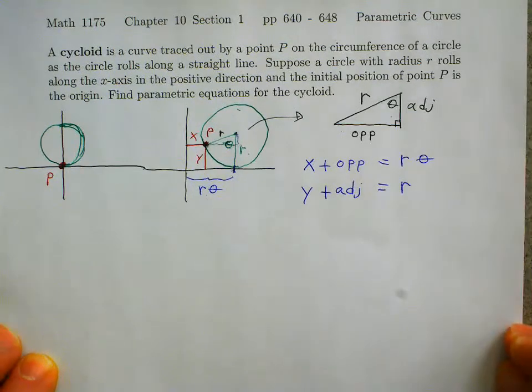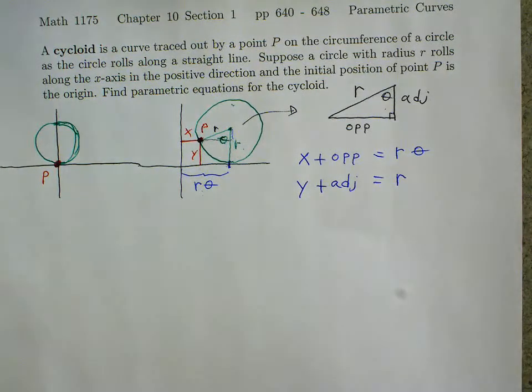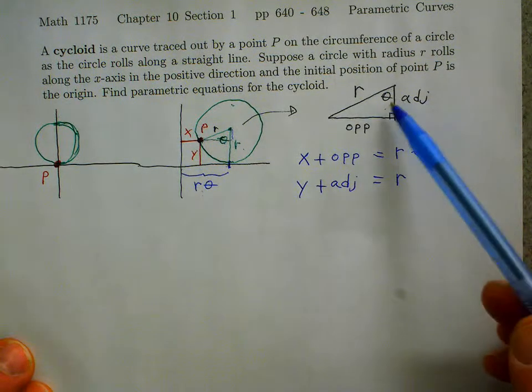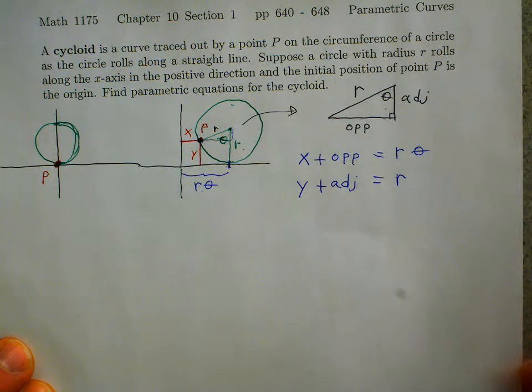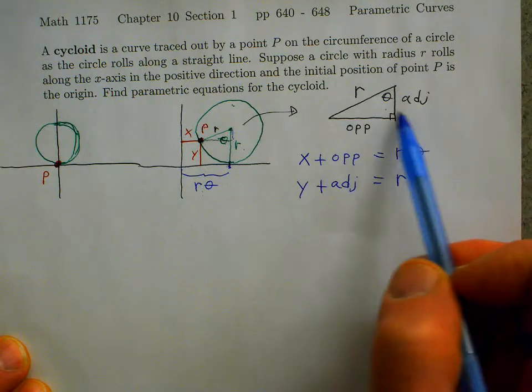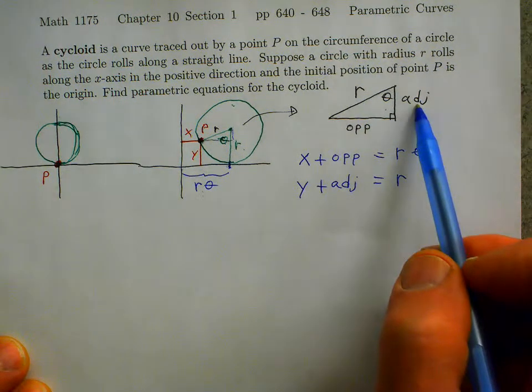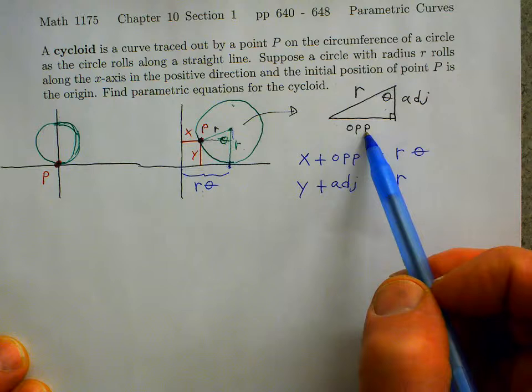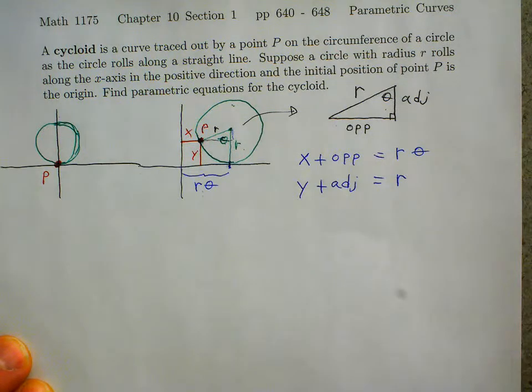Are we all in agreement about that? It's pretty basic geometry. We'll also use a little bit of trigonometry, so in terms of theta and r, we'll find both the adjacent side and the opposite side. So how are we going to do that?